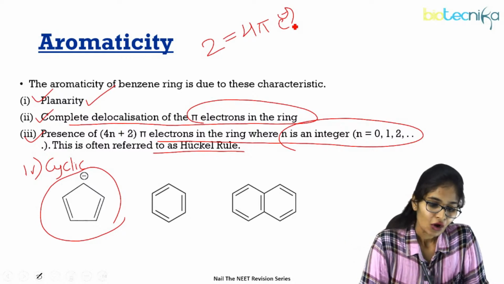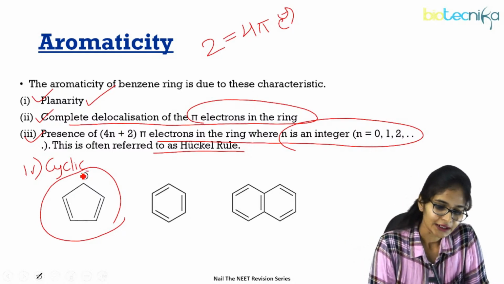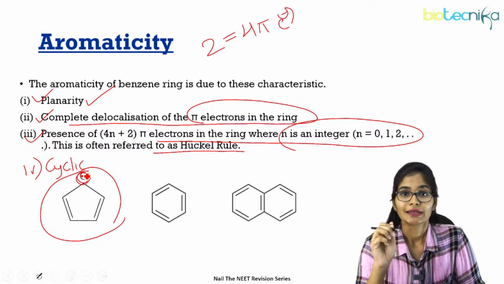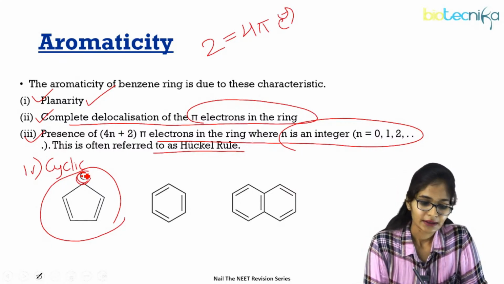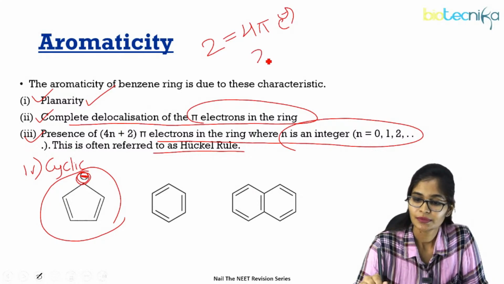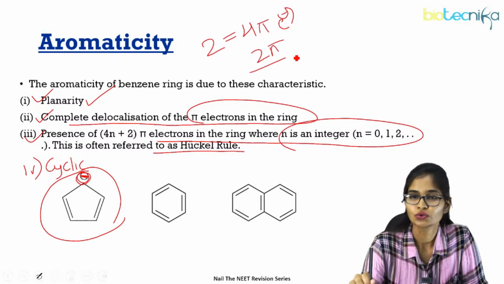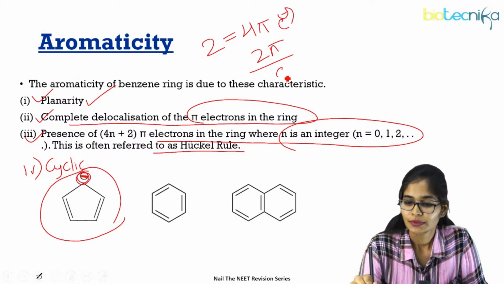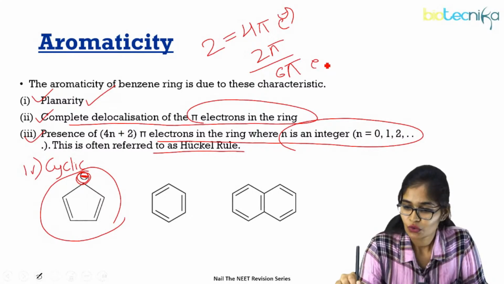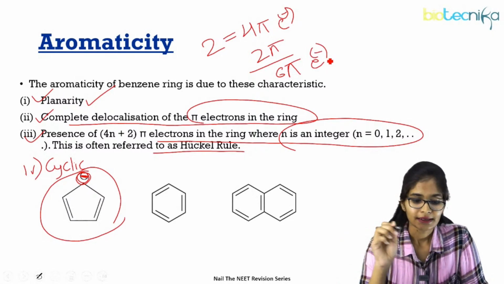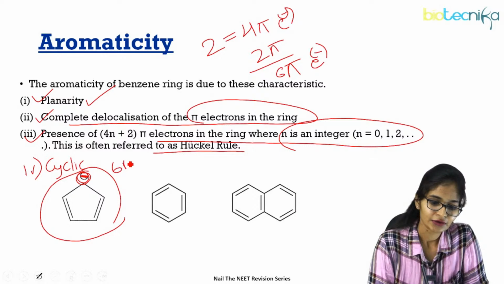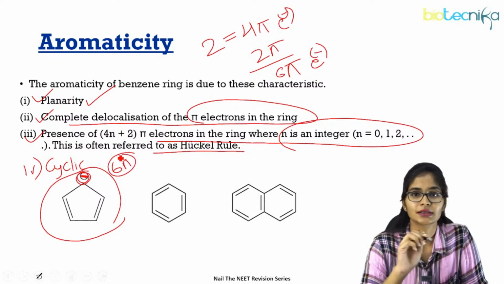Apart from that, on the ring you have a negative charge also, and you have to consider the negative charge. The negative charge contributes two electrons again. So it will be 6 pi electrons overall. Then I can say cyclopentadienyl anion has 6 pi electrons and it is aromatic in nature.